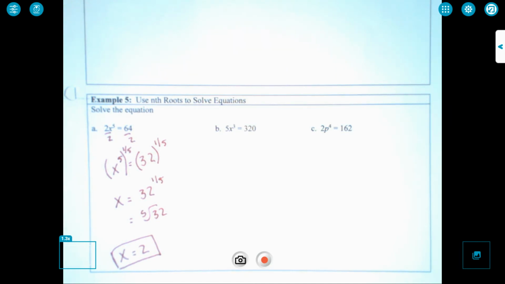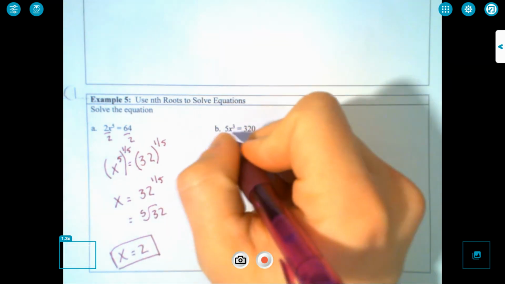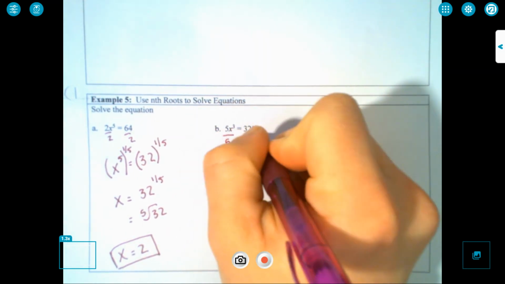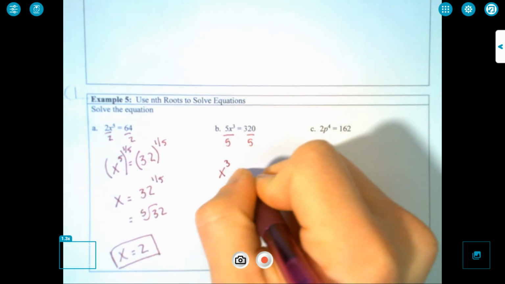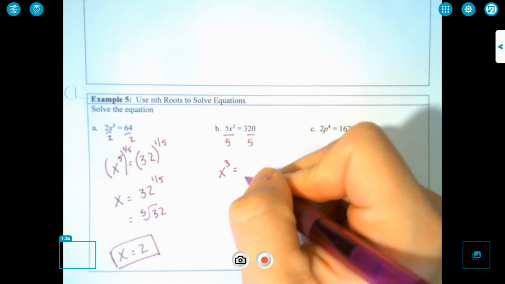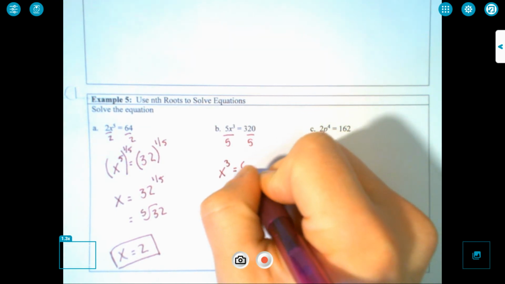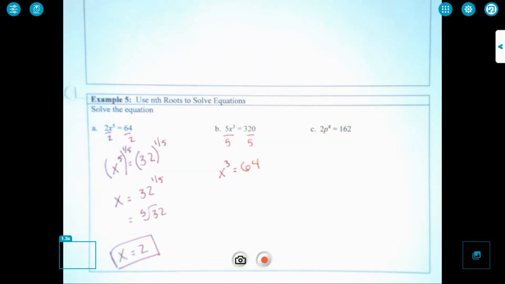For B, we first need to divide each side by 5. So you have 320 divided by 5. We're left with x cubed equals, what's that going to be? 64, I think? Yeah, 64.